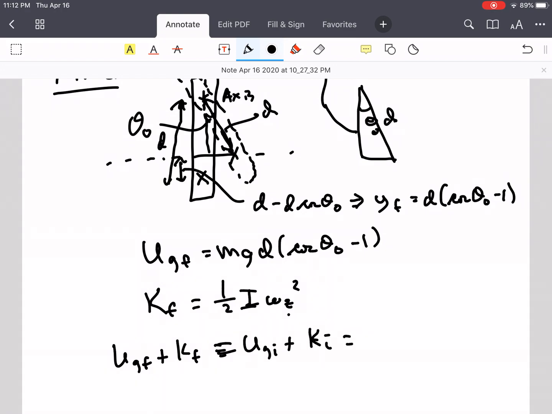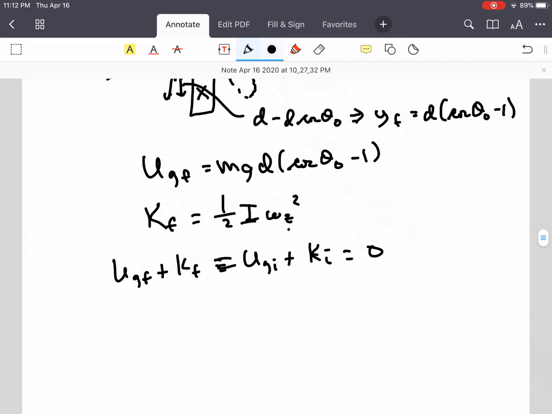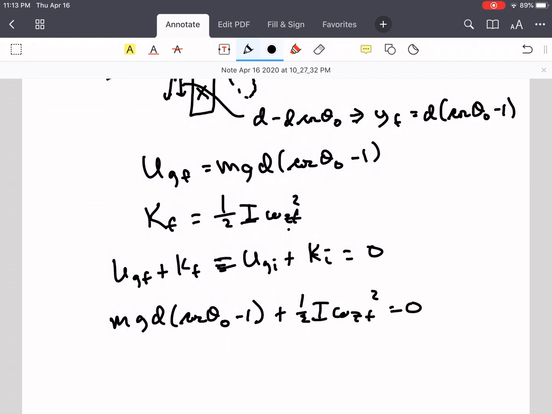But I chose the nice convention that my initial energy was just 0. So that means that UG plus kinetic final is just 0. You plug that in. That says that mgd times cosine of theta 0 minus 1 plus 1/2 I omega z final squared is equal to 0.